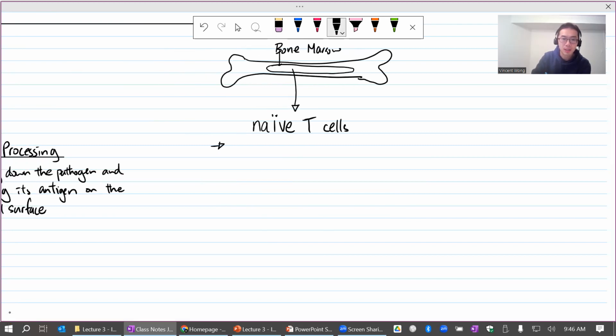Okay. So these cells are T cells that have not been activated yet.